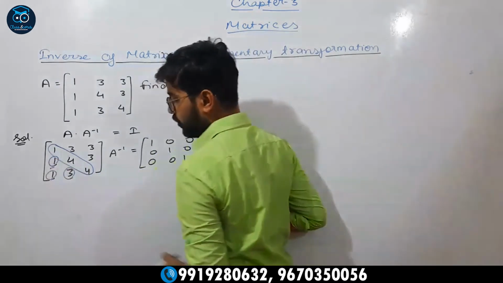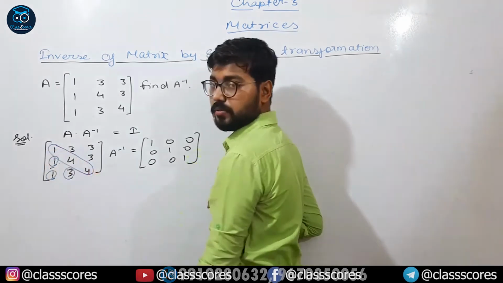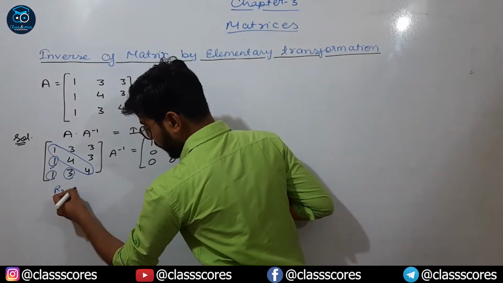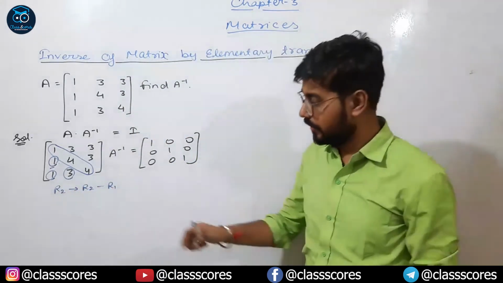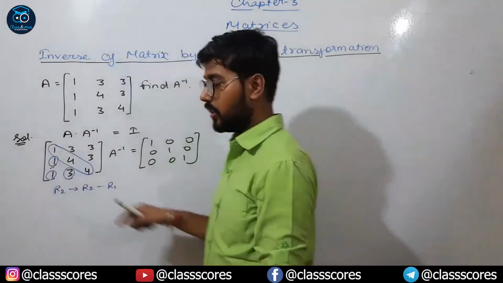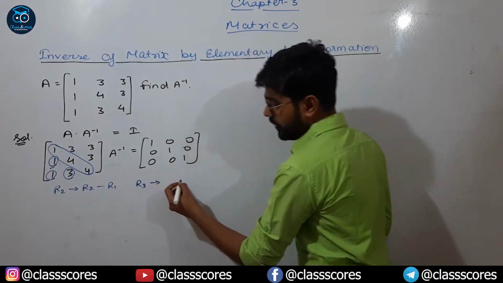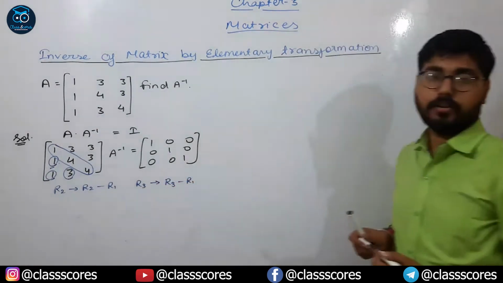Now when we need to convert this one to a 0, if we subtract 1 from this one, we get 0. So we can write R2 changes to R2 minus R1. Similarly, we can write R3 changes to R3 minus R1.